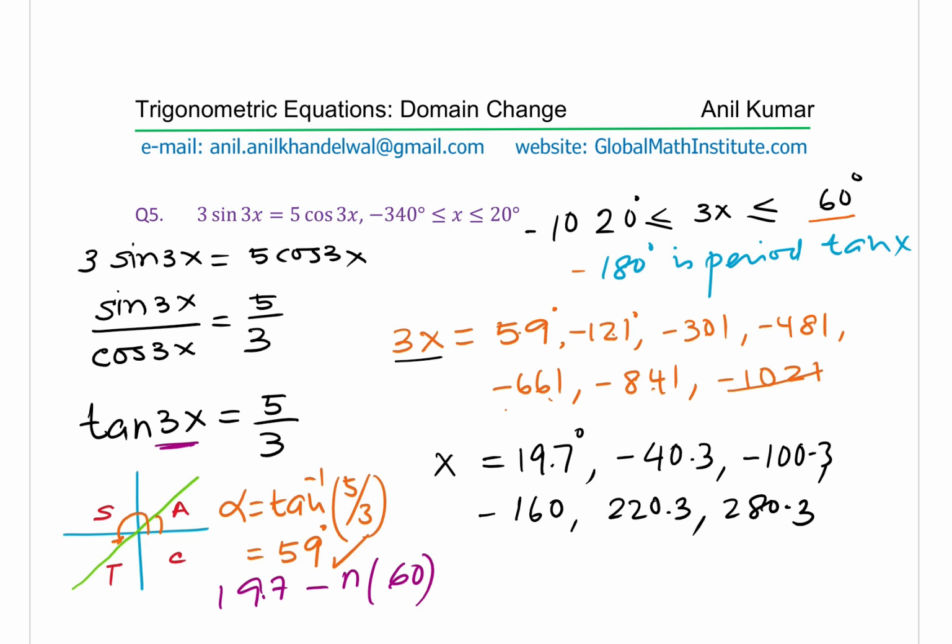For x, the period was 180, and for 3x, 1/3 of that, 60. So all these numbers are with a difference of 60. Does it make sense to you? You could do that also, but the one method I'm following is standard and should be used. Correct? So those are the 6 answers.